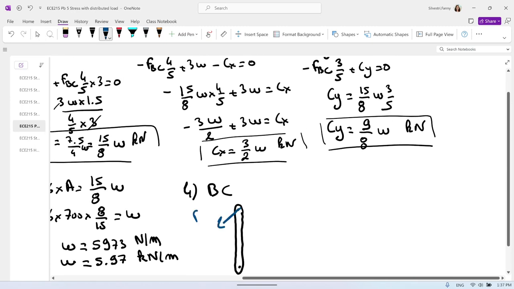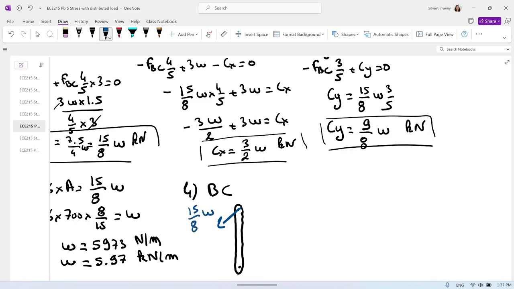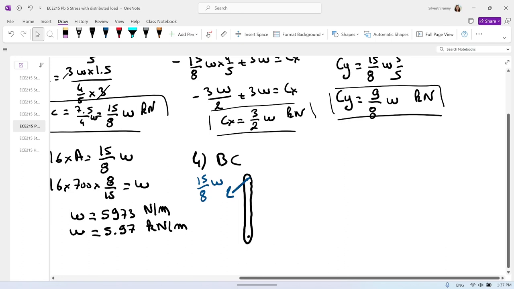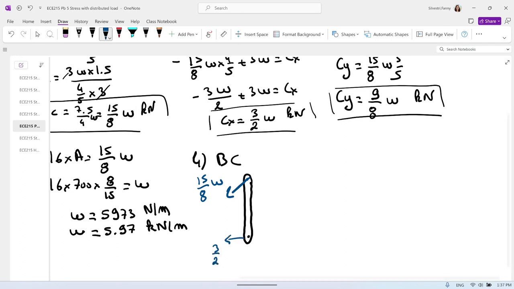So this is your FBC, that is 15/8 W. We know the Cx to the left, that is 3/2 of W. And we know the Cy up, that is 9/8 of W. And after that, we have the little distributed load everywhere.